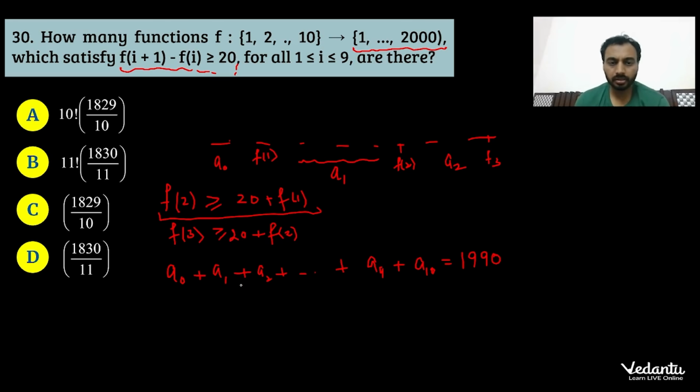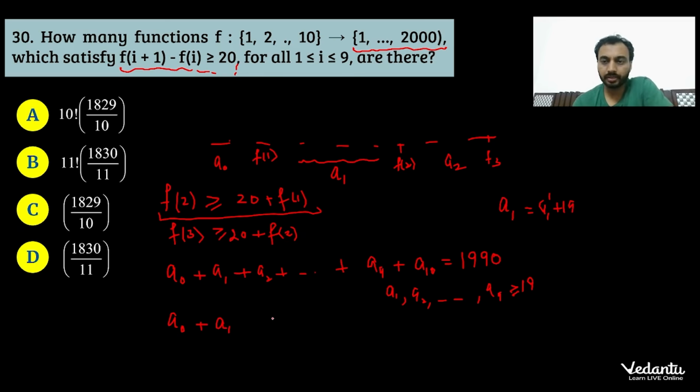Now there is one more constraint here, that a1, a2, up to a9 are greater than or equal to 19. So we can replace a1 by a1 dash plus 19, and similarly a2 by a2 dash plus 19.